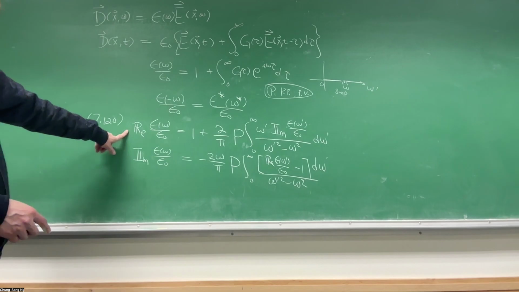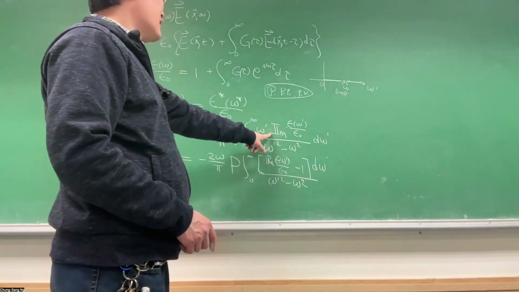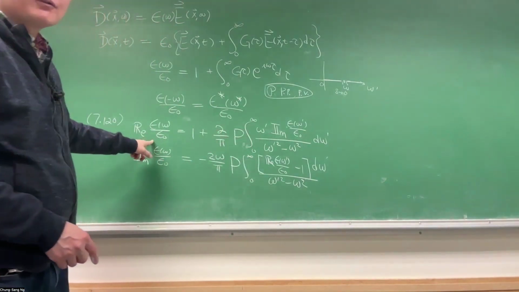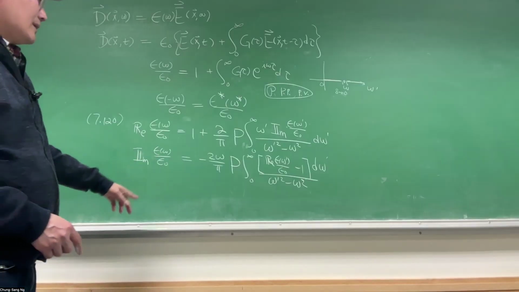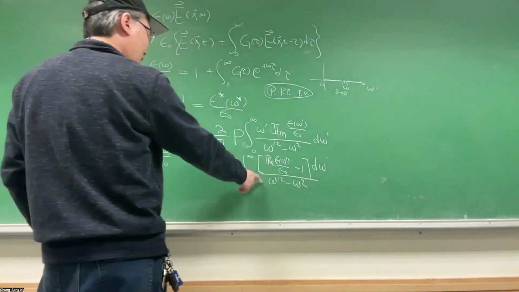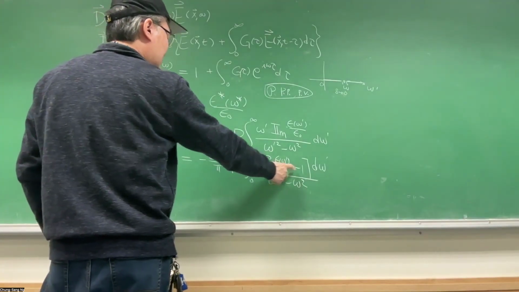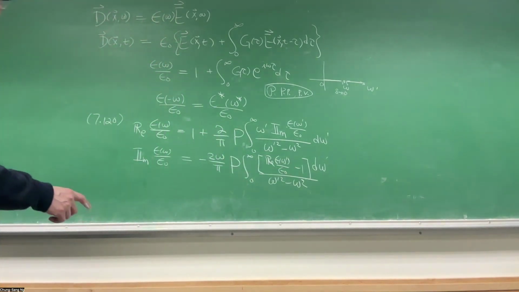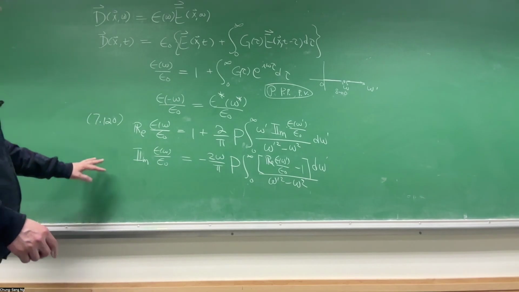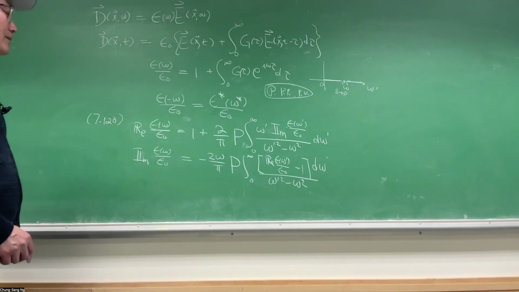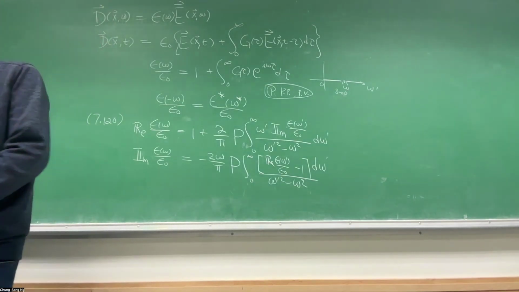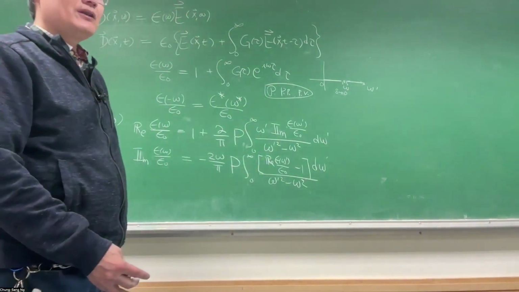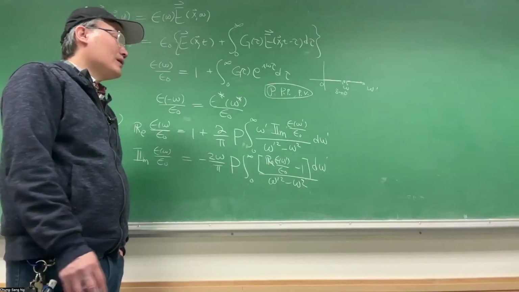So from the first equation, you know that the only medium without dissipation is vacuum. You set this to zero, you only recover vacuum. And obviously the reverse holds: if epsilon is just the vacuum value, this is 1 minus 1, so that becomes zero, and the imaginary part is zero. The two just go together. That's quite helpful, because it means any medium other than vacuum will have some dissipation.